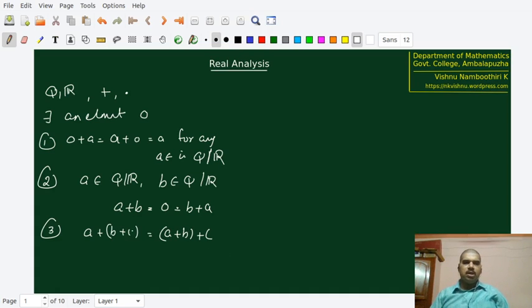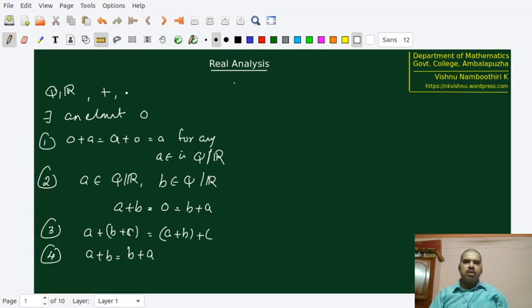This is known as the associative property of addition. And we have one more thing: a + b = b + a for any two rationals or any two reals. These properties make Q an additive abelian group with respect to the operation plus. Similarly, R is also an additive abelian group with respect to the same plus.